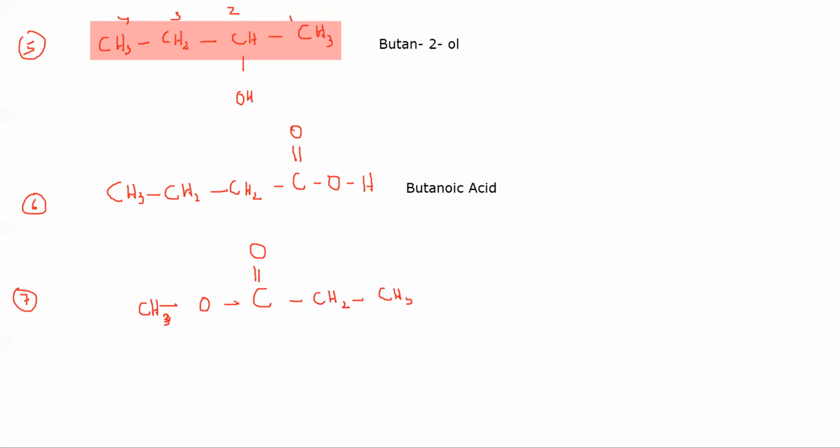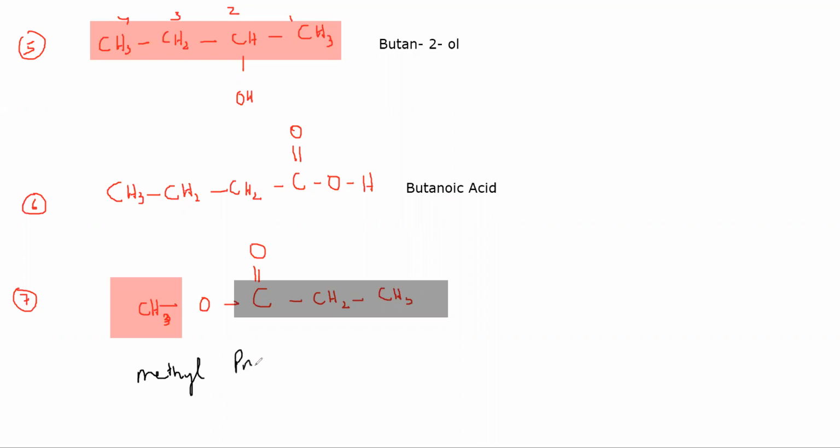Methyl propanoate. Why methyl? Because the part on the left hand side is the chain, and the right hand side is a branch. So 1 carbon, that's why it's meth, but because it's a branch, it is yl. 3 carbons will be prop, single bond ane, and due to the functional group, it will be oate. So it is methyl propanoate.